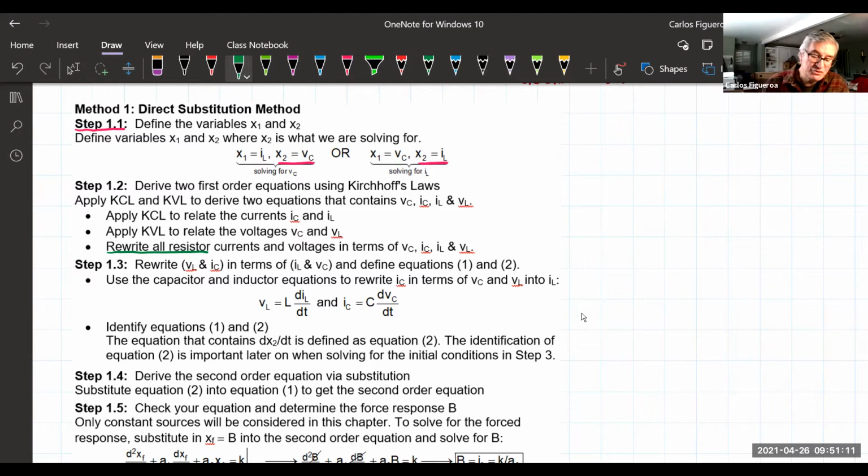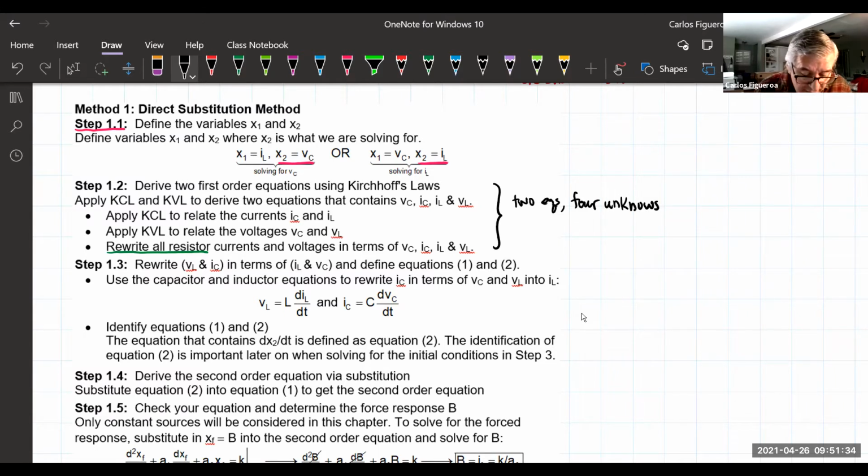So now I have two equations, right? I now have two equations, four unknowns. So what do I got to do? I got to convert them into two equations and two unknowns.